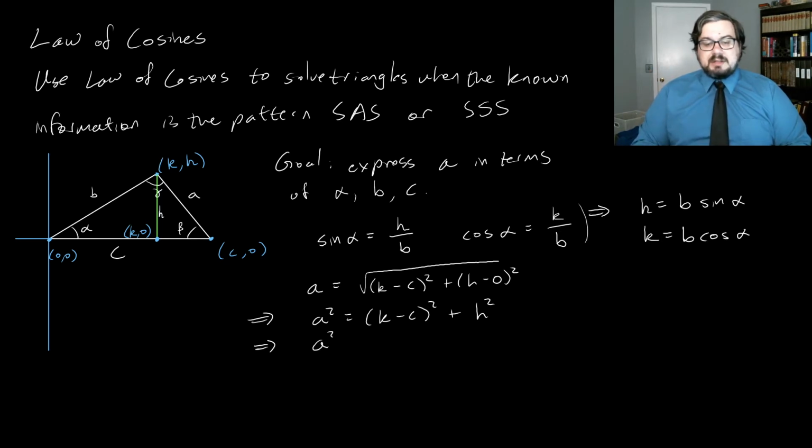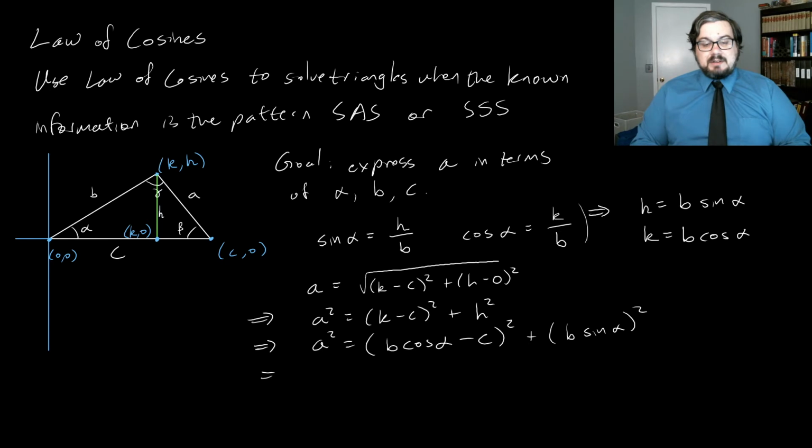So that means we could write this as a squared equals, now instead of k we can write b times cosine alpha squared. Instead of h we can write, forgot to subtract c, minus c squared. And then h is b times sine alpha squared.